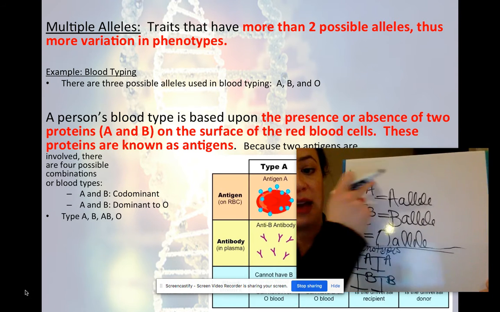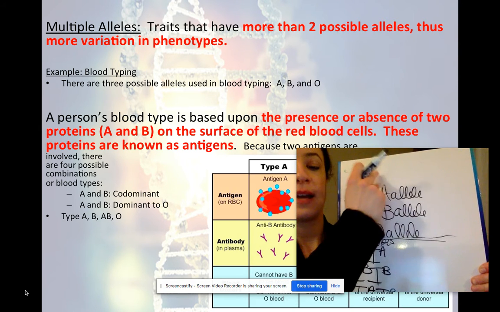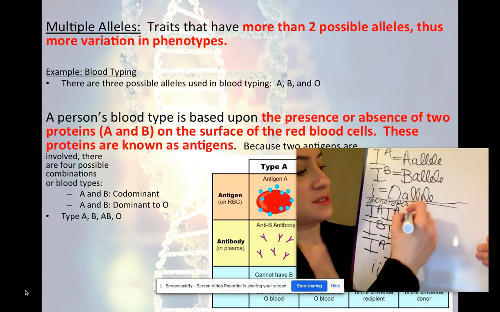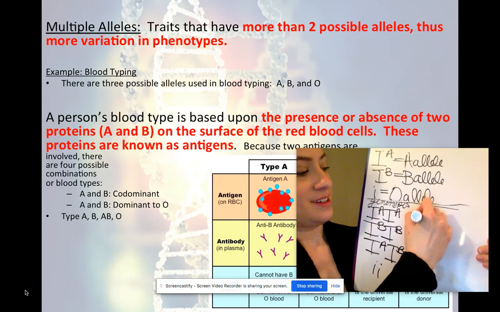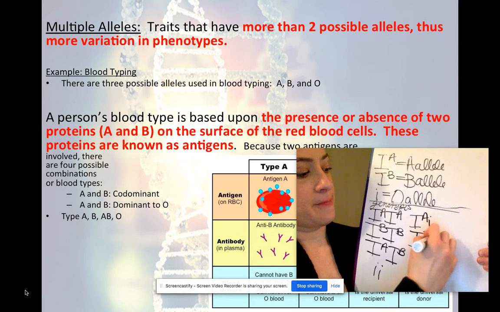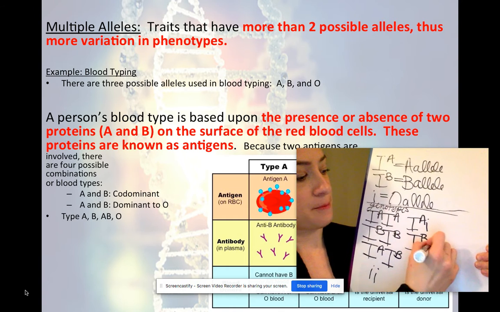But you see that these capitals indicate that they're both dominant over O. So there's a second genotype for blood type A and B, and that's a heterozygote genotype, which is this.